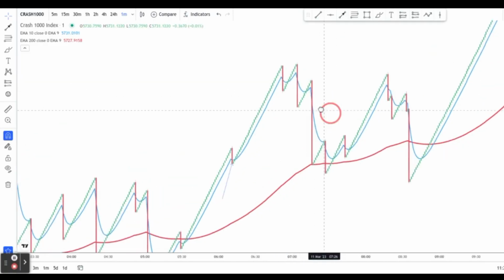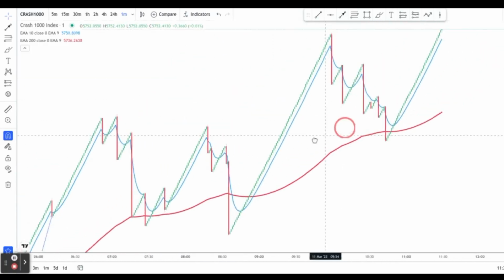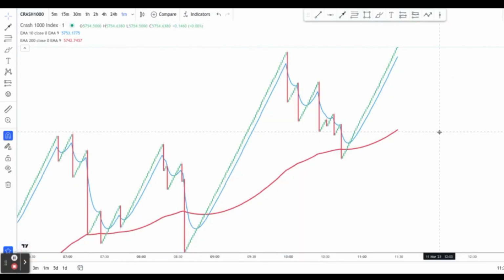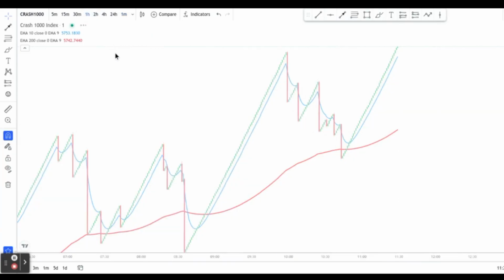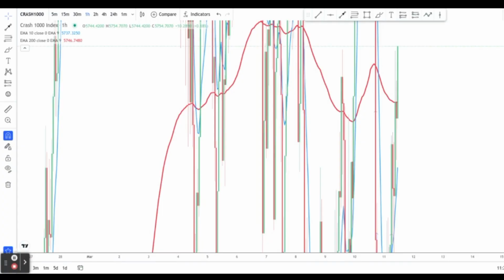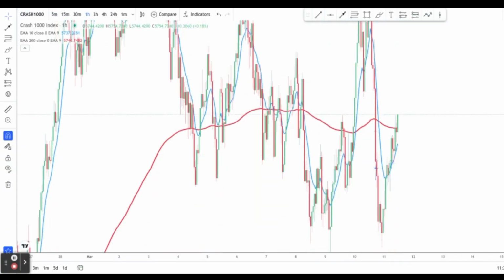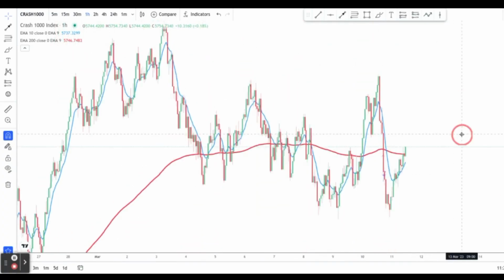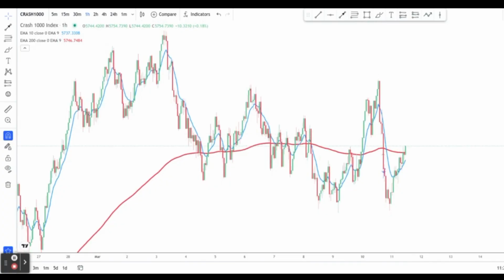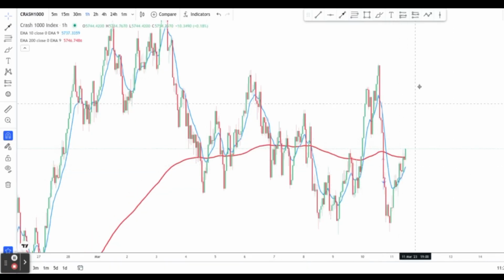spikes again. So another way to trade this market, if you like to stay long in the market, is checking the general trend on a higher time frame, like going to the 1 hour or 30 minutes time frame, just to dictate the general trend. After seeing where the 200 moving average is facing, that will give you a direction, and have it in mind that you also want to trade in the direction of the higher time frame.